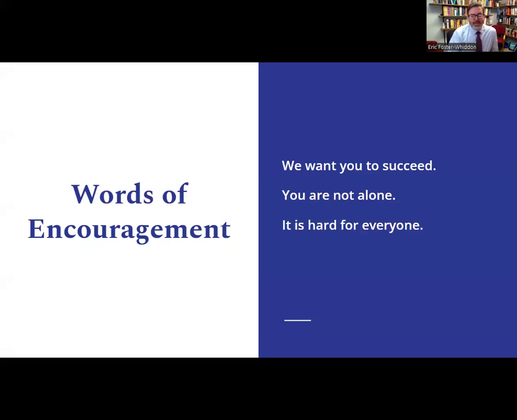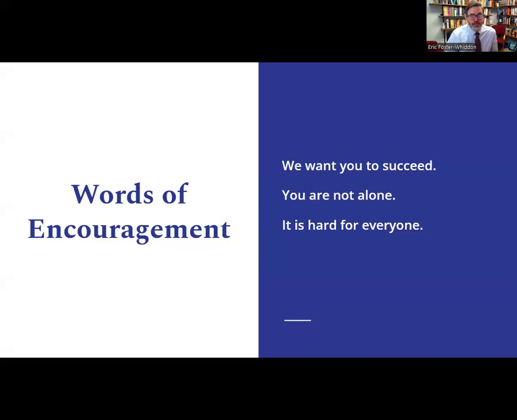Also know it is hard for everybody. Some people are able to read faster. Some people are able to handle the pressure of academics differently than others. But whether you're a fish in water in academics or whether academics are a struggle for you, this is hard for everybody. Doing a 7 week intensive course is going to be difficult for everybody. So, in moments when you feel like, man, what am I doing? Can I make it to the end?